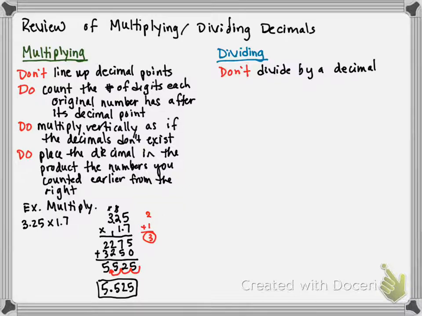And then do treat each number the same. Meaning, if I move the decimal 2 places in the divisor, I've got to move it 2 places in the dividend, okay?